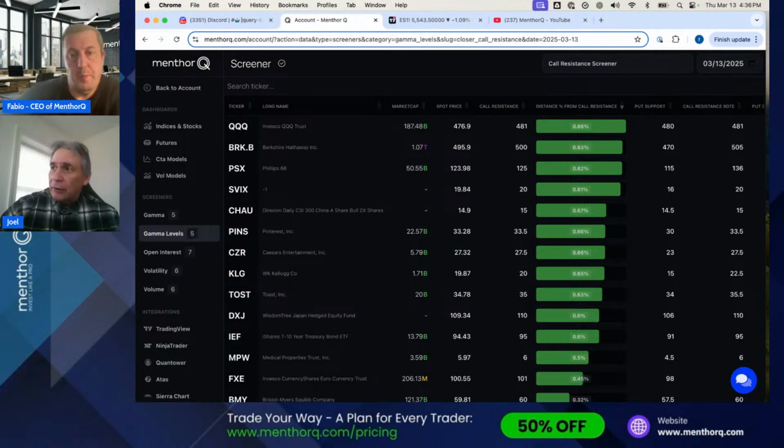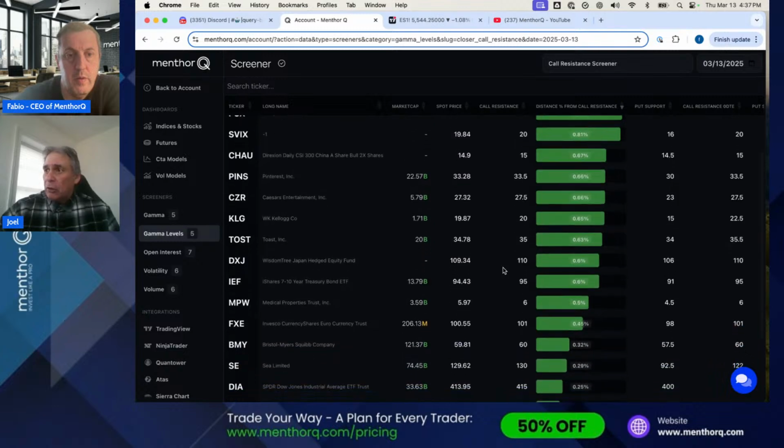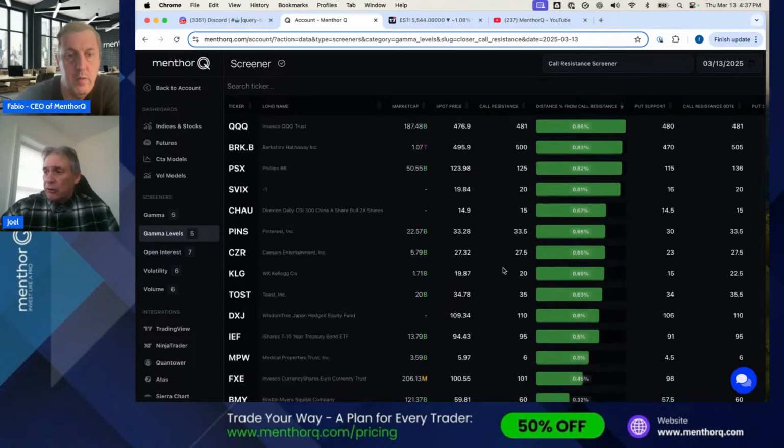And then, again, look at all these different metrics, the volume profile, where it looks like on the chart, etc. But the key thing, if you're looking to sell premium, because that's really what this market's all about, in this case, we want to sell calls. We want to trade in the direction of the market, and the market is down. So I would look for that, and then look for something that's got a tight bid-ask spread.